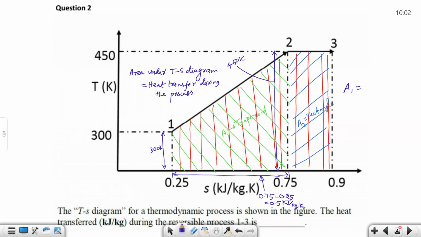So area A1 will be half into the trapezoid area, 300 plus 450, into the height 0.5. So this is 187.5 kilojoule per kilogram. Area A2 is the rectangular area. So you take this, which will be 0.75.